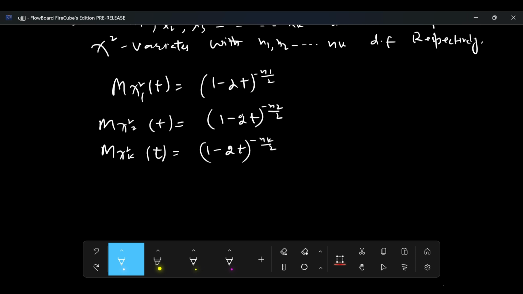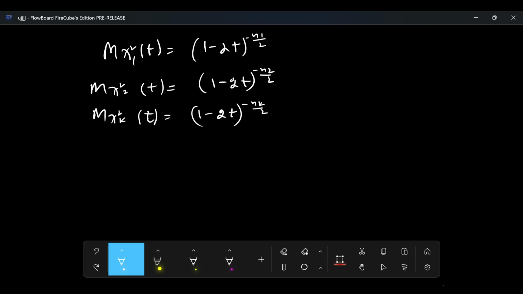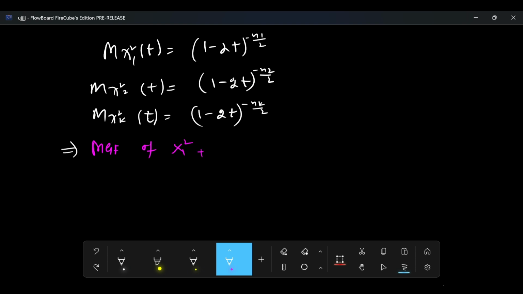So if I add up chi-square 1, chi-square 2, chi-square 3, it means that I need the MGF of the sum of chi-square 1, chi-square 2, chi-square 3 up to chi-square k.